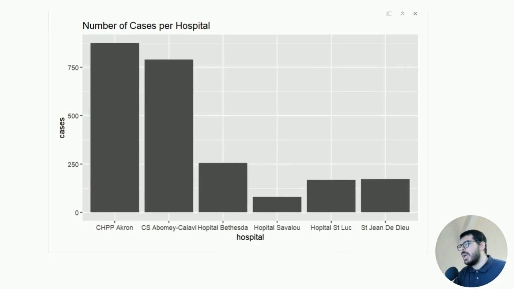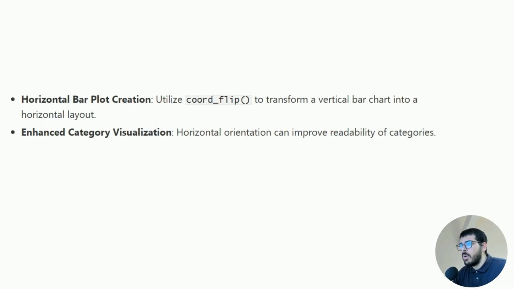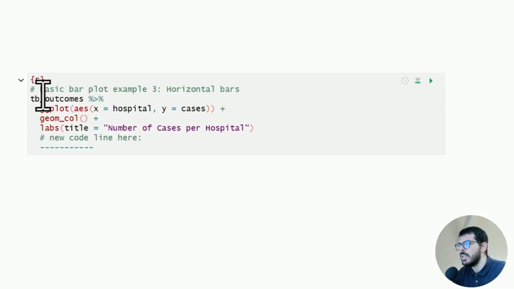Actually, we can flip the axes so that we have hospitals on the y-axis and the cases on the x-axis. To do that, we are going to utilize the coord_flip function. This is the same code that we've done earlier. All we have to do is add the coord_flip function, and always don't forget the plus so that it's connected to the previous code.